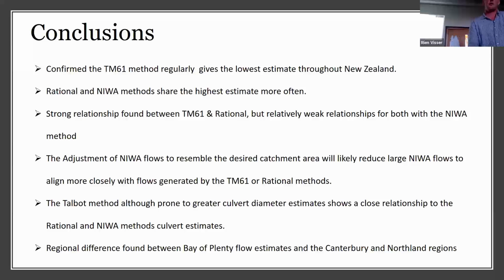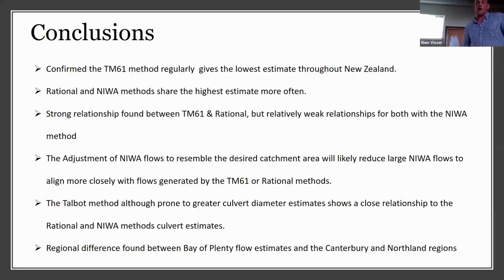So the conclusions I made: I confirmed that the TM61 method regularly gives the lowest estimate throughout New Zealand. The rational and NIWA methods share the highest estimate more regularly. There was a strong relationship found between the TM61 and rational methods, but a relatively weak relationship between the TM61, rational, and the NIWA method.